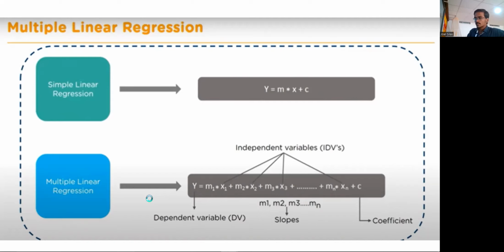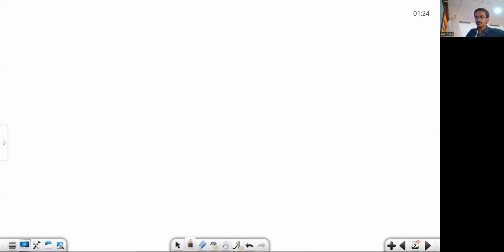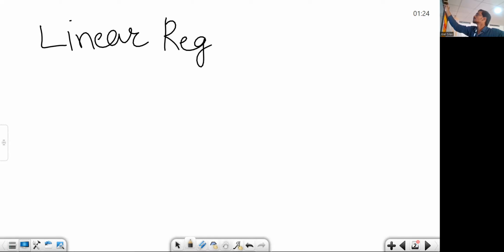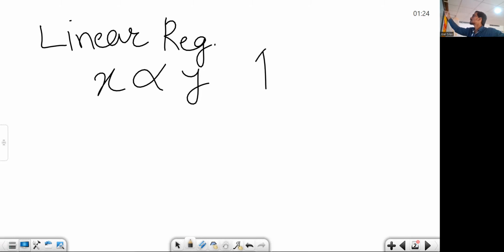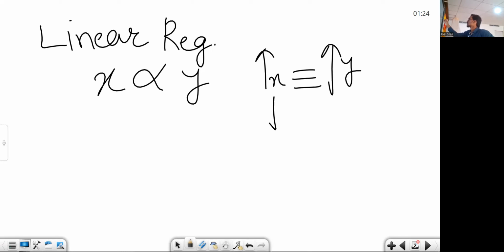Okay, now this is what we are saying is linear regression. Why is it called as linear? Because there is a relationship between x and y. It may be a direct relationship. That means increase in x will cause increase in y, or decrease in x will cause decrease in y.